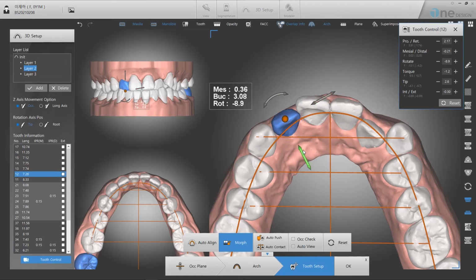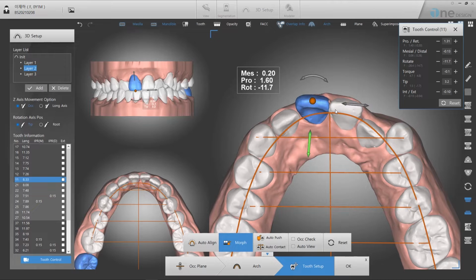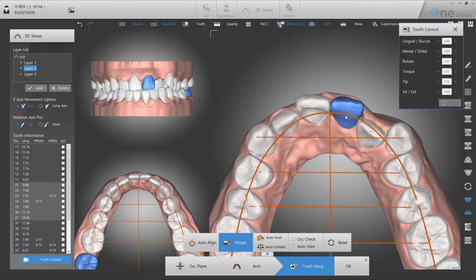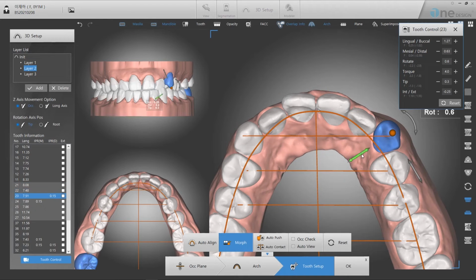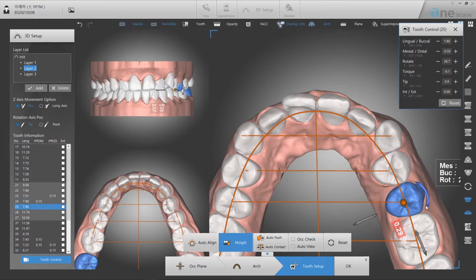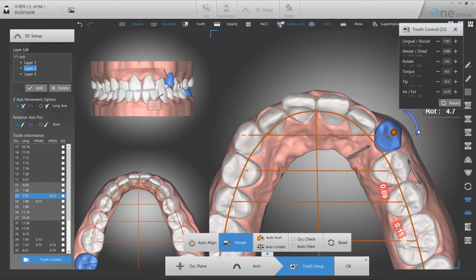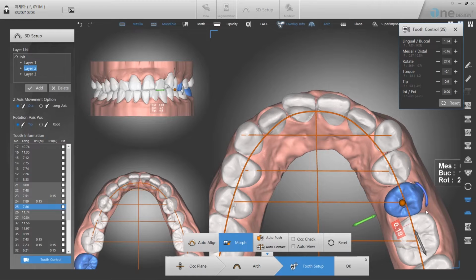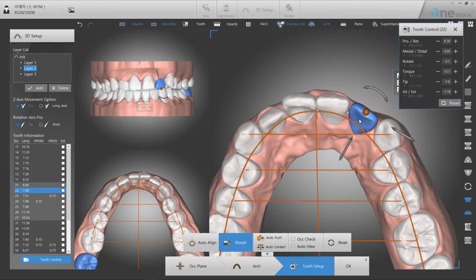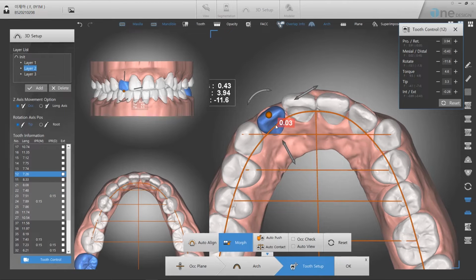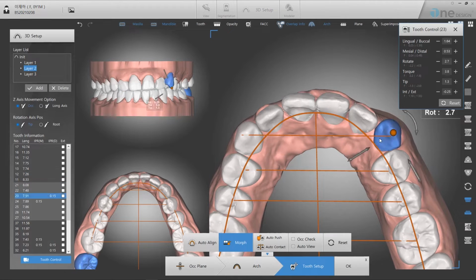Adjust expansion and rotation in the maxilla. By using plus torque and intrusion, we prevent occlusal interference that may occur during jumping.